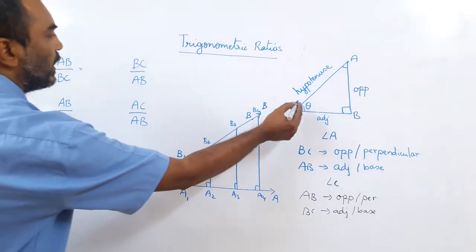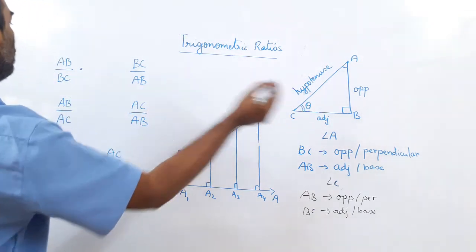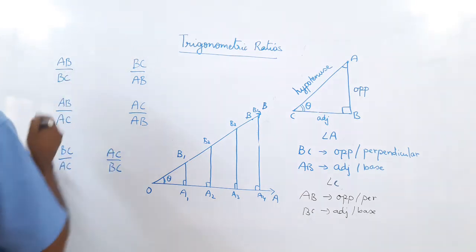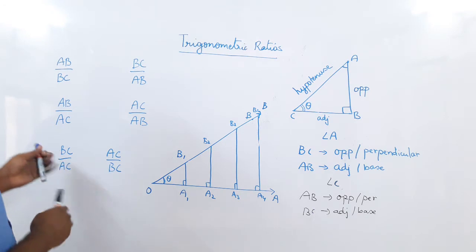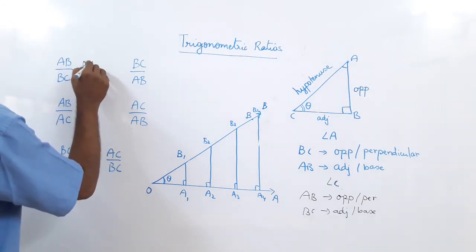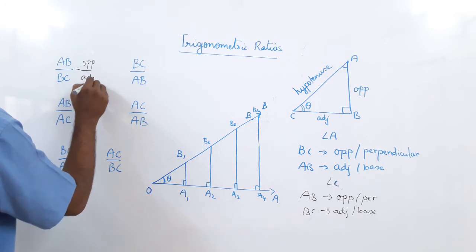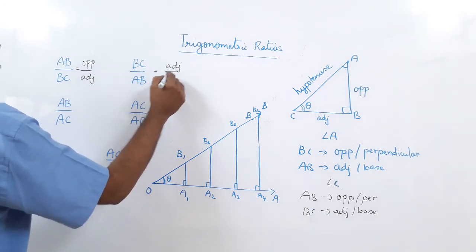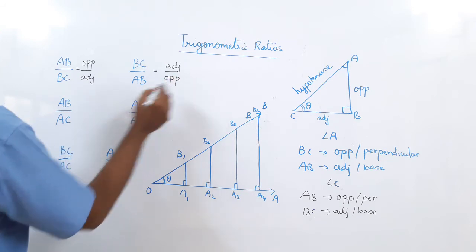So because I have taken the angle theta, what is AB? AB is the opposite side and BC is the adjacent side. So this ratio is opposite upon adjacent. This is the reciprocal, adjacent upon opposite side.